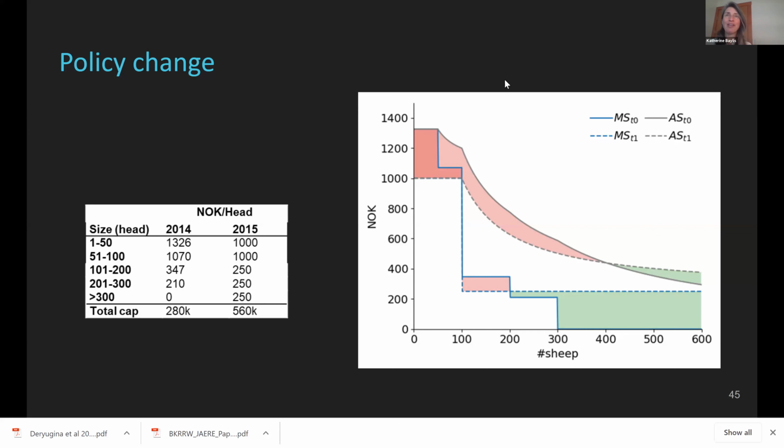So we're moving from having different marginal subsidies for if you have 1 to 50 sheep versus 51 to 100 sheep versus 101 to 200 sheep, to a single subsidy per sheep for anybody from the size of 1 to 100, and then another one for farms that are over 100 sheep. Okay.